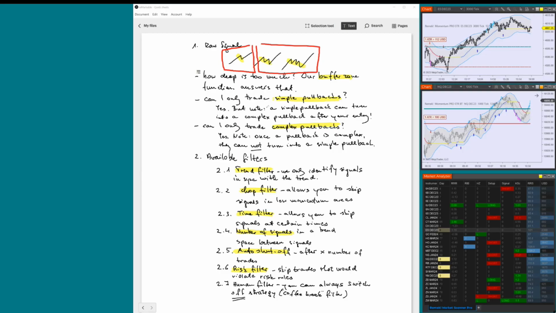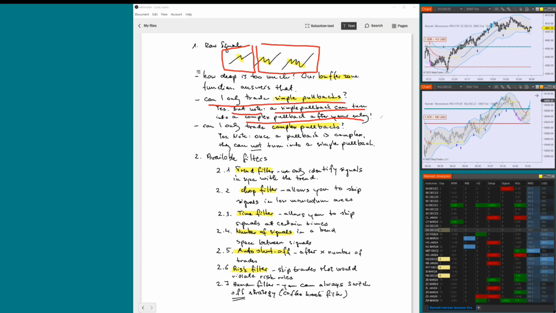Now let's think about this for a second. Can I only trade simple pullbacks? Of course, it would be beautiful, because then I would save myself a lot of headaches. Now, it is possible in theory, because the software can differentiate and identify a simple pullback. The problem is, though, that any simple pullback can turn into a complex pullback after our entry.